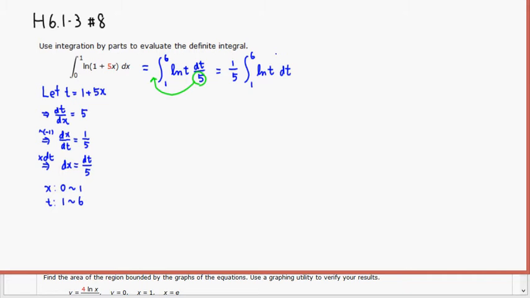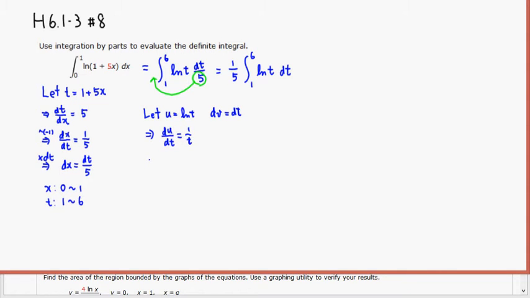Let's do the integration by parts. We're going to let u be natural log of t and dv be dt. If you take the derivative of u with respect to t, we get 1 over t.